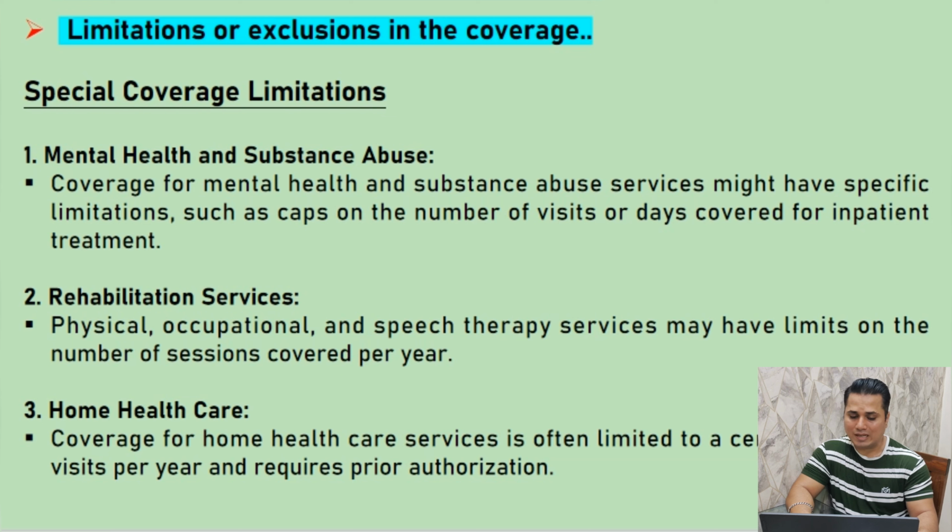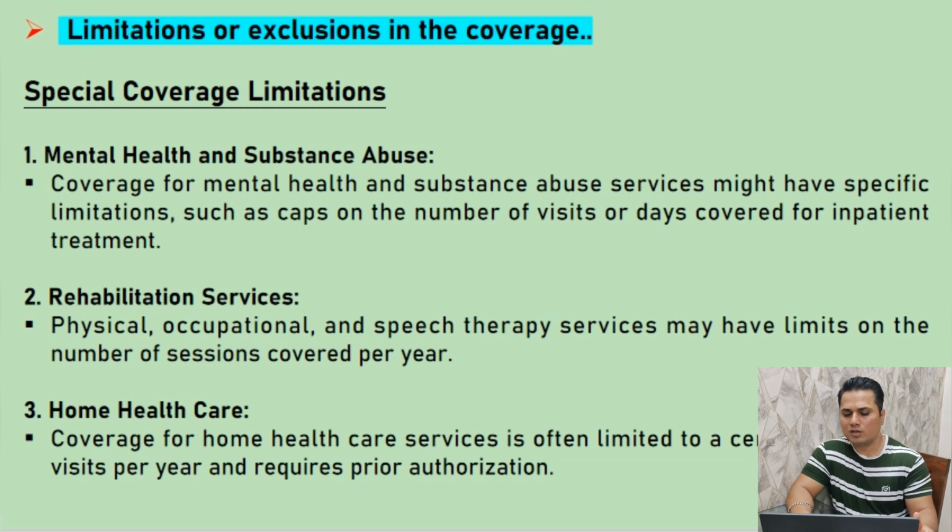Special coverage limitations. Number one, mental health and substance abuse. Coverage for mental health and substance abuse services might have specific limitations, such as caps on the number of visits or days covered for inpatient treatment. Number two, rehabilitation services.